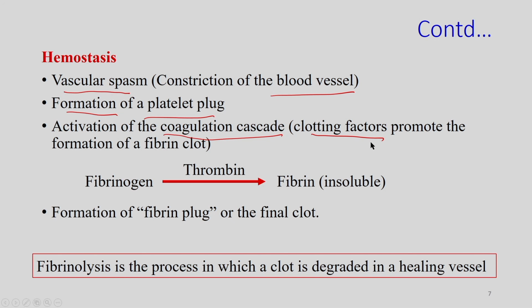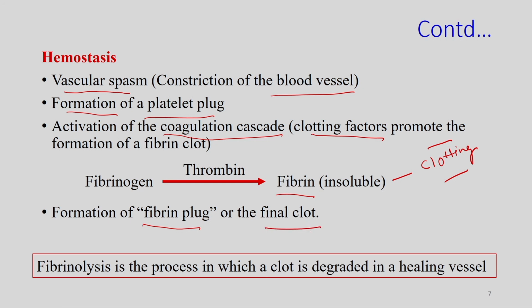Particularly, you have fibrinogen, and once thrombin is activated, it converts fibrinogen to fibrin, and now fibrin is insoluble, it leads to the formation of a clot. And then the fourth step, once fibrin is formed, is the formation of the fibrin plug or the final clot.